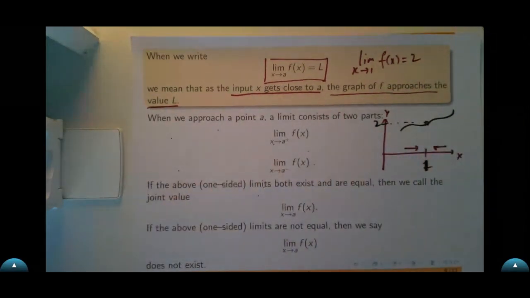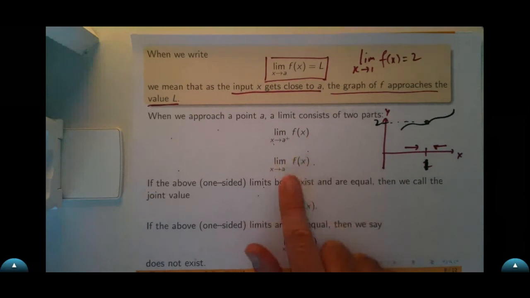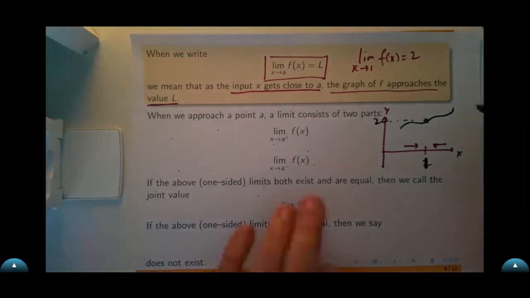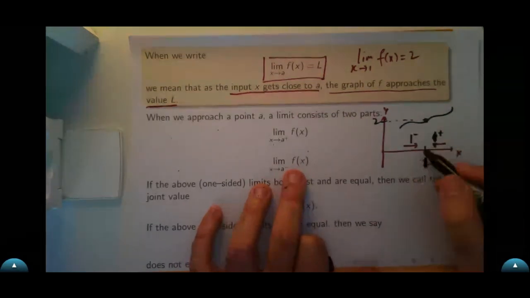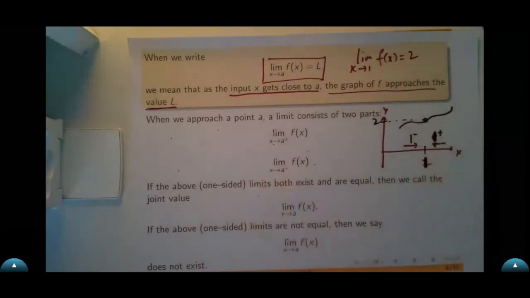We have a right-hand limit and a left-hand limit. If we're on the right-hand side, that's written with a plus, 1 plus, I guess I'll put it here. And if we're on the left-hand side, then we write it with a little minus sign in the top right-hand corner.